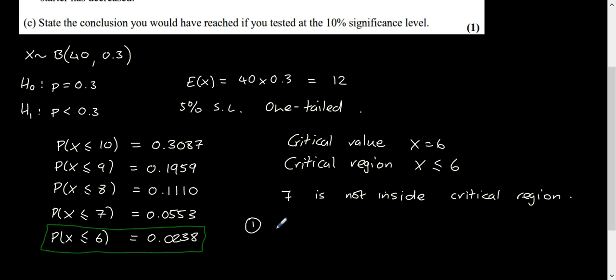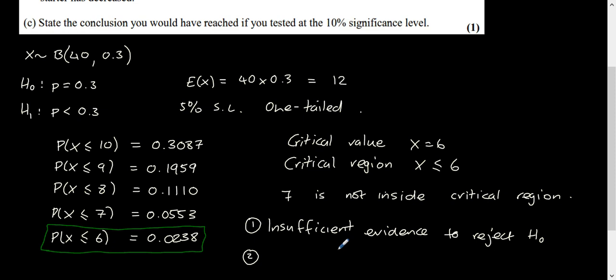So part 1 is that this time there is insufficient evidence to reject H0. So the language is almost identical. Whereas in the previous question we had sufficient evidence, we could reject it. This time we have insufficient evidence to reject H0.